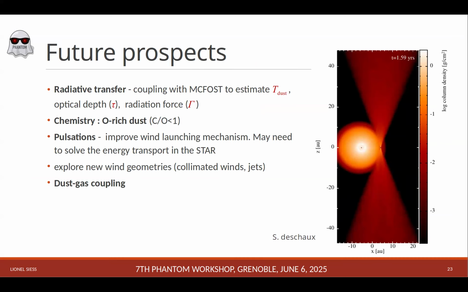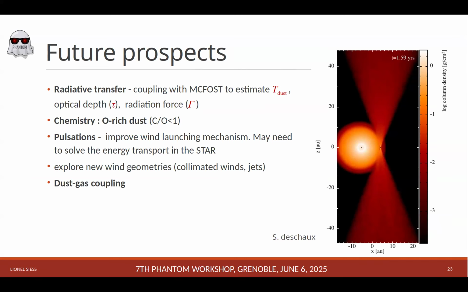There are still improvements on the to-do list, on the wish list. The first one will be to couple MC-FOSS with the dusty simulation, so we can get an estimate of the dust temperature, and also to generate observables.